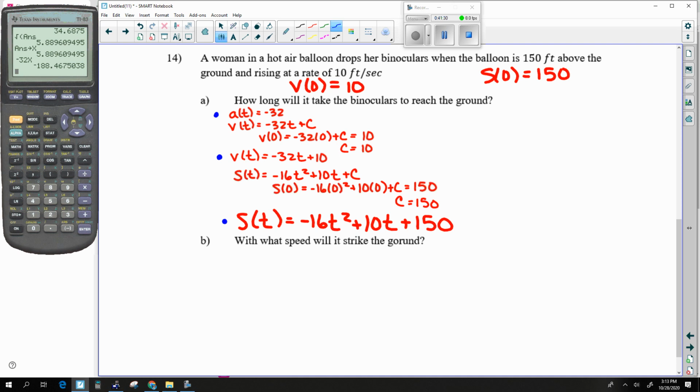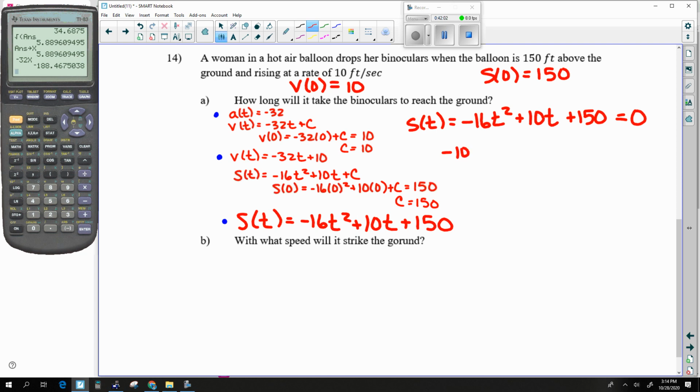How long will it take for the binoculars to reach the ground? So the binoculars reach the ground when the position is equal to 0. That's what it means to reach the ground. So what this means is I take my position, set that equal to 0. I'll do the quadratic equation.